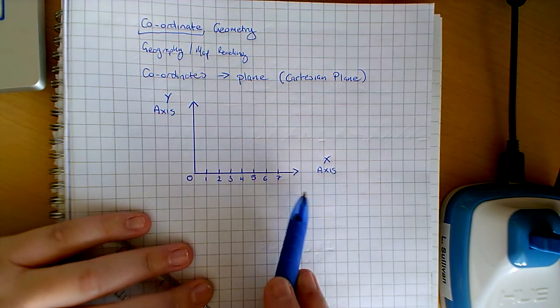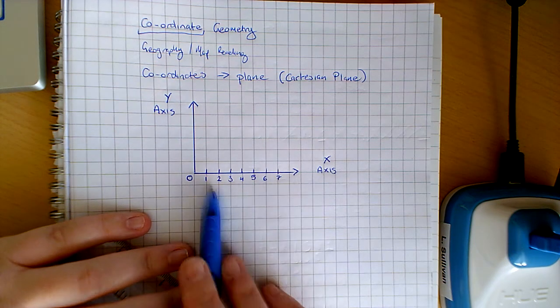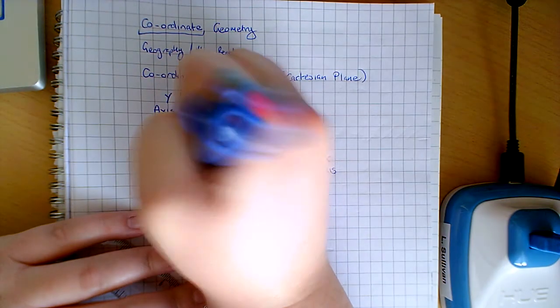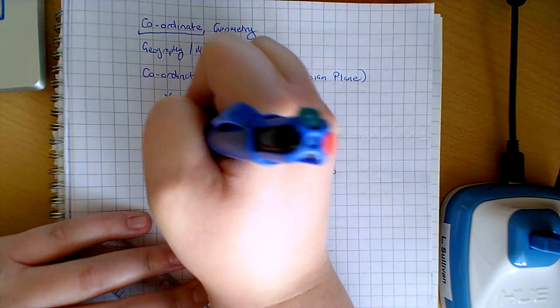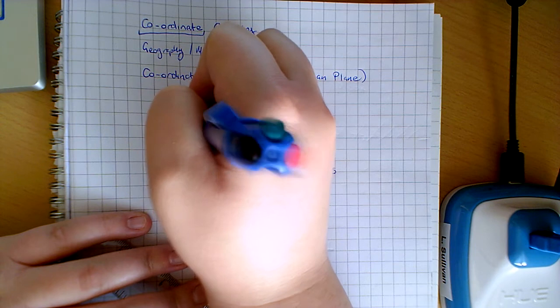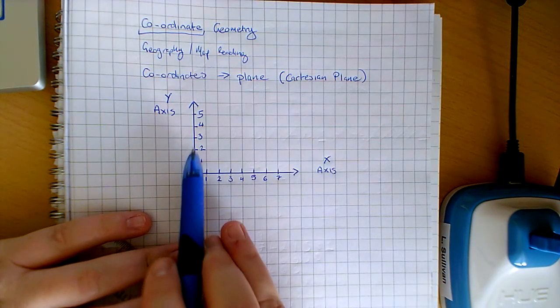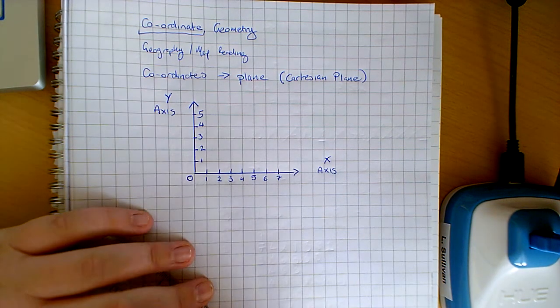And we start at 0 and we go positive in this direction. Now, we can do the same for our y-axis. Now we start at 0, 1, 2, 3, 4, 5.